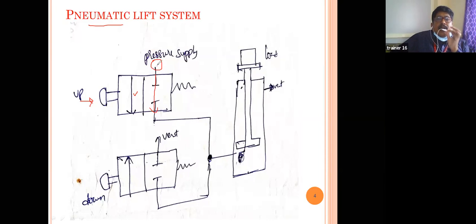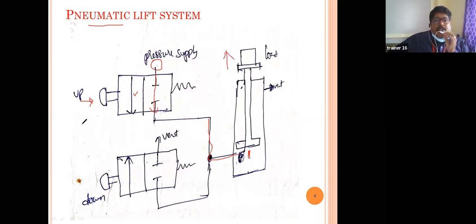The compressed air enters into the valve, and then it flows into the system. Once the compressed air enters, it pushes up the piston, so the load is lifted up.